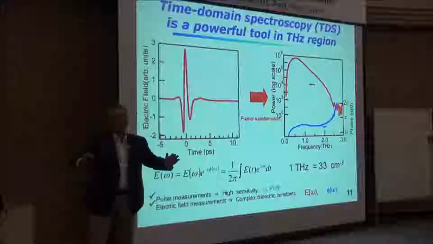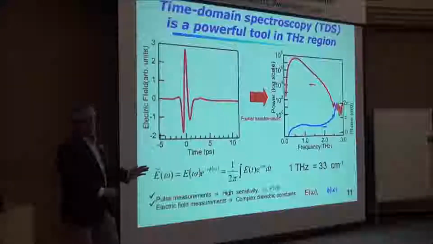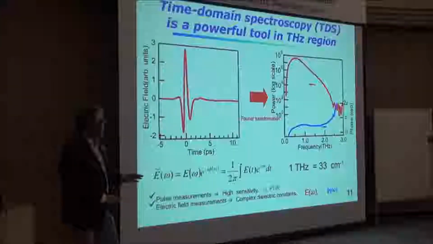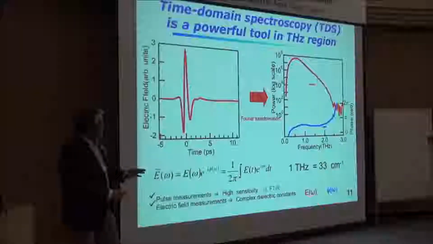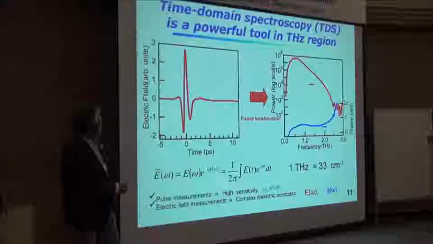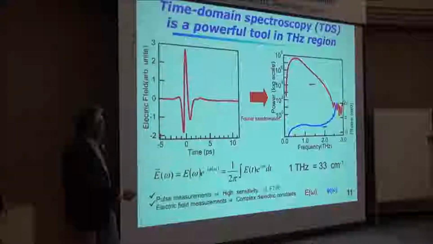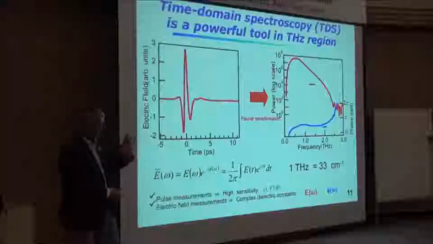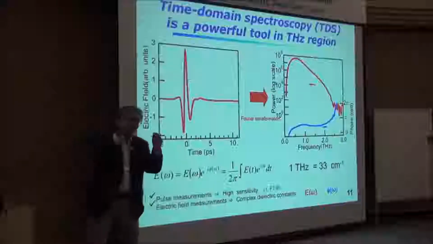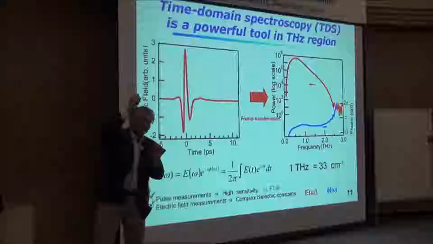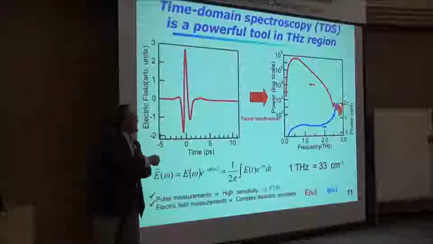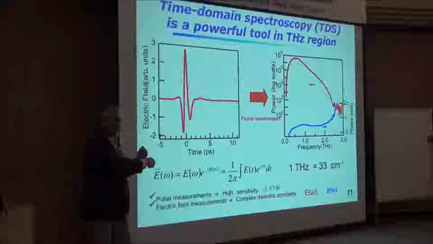Only one cycle. So if you take a Fourier transformation, we can get the spectrum of the light source. And now we can see this light source is very broadband, from 0.2 to 3 terahertz. And the important thing is that the phase of the wave is always fixed.